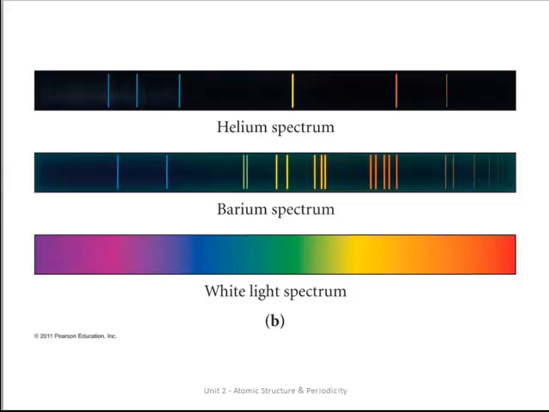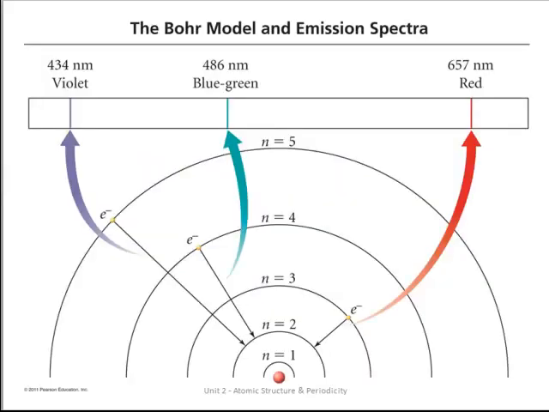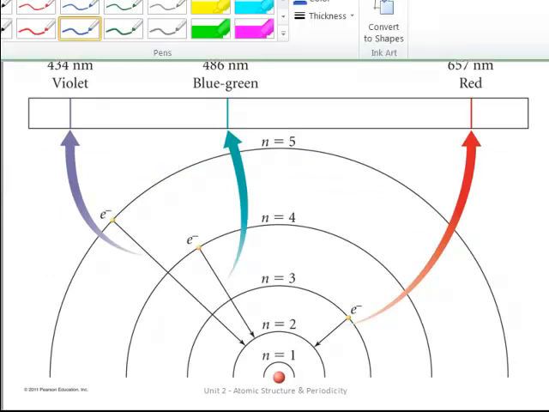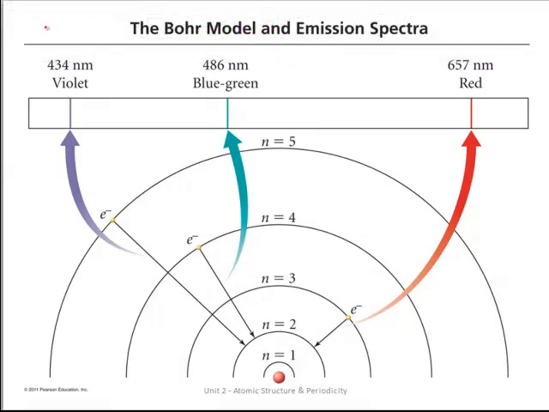And one of the first scientists to propose a mechanism for this distinct spectra for each element was Niels Bohr. Okay, and he gave the Bohr model of the atom. What he proposed is that electrons orbit the nucleus in very specific intervals.